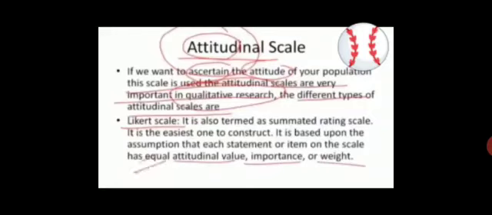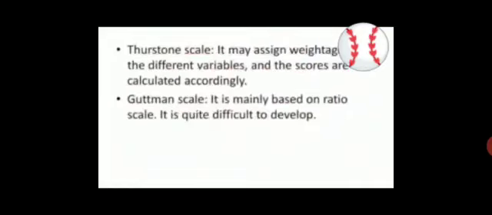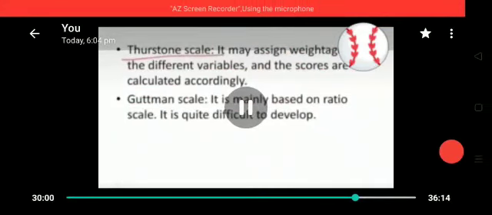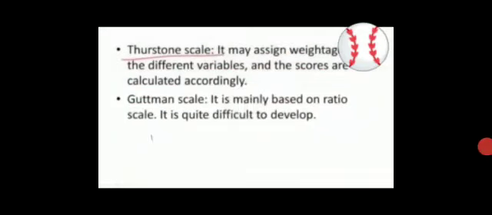This is a 5-point Likert scale. It is also termed as the summated rating scale. It is the easiest one to conduct. It is based upon the assumption that each statement or item on the scale is relevant. So this is mostly used in qualitative research, and it is common.